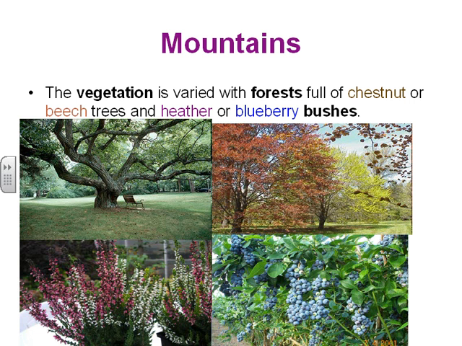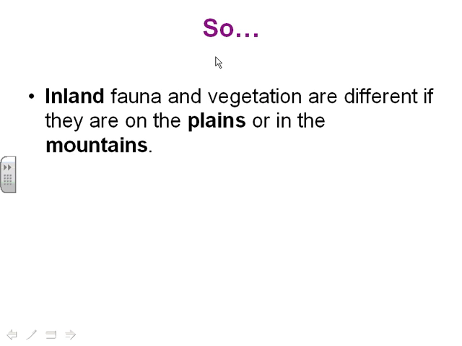The vegetation is varied with forests full of chestnut and beech trees and heather or blueberry bushes. So, inland fauna and vegetation are different if they are on the plains or in the mountains.